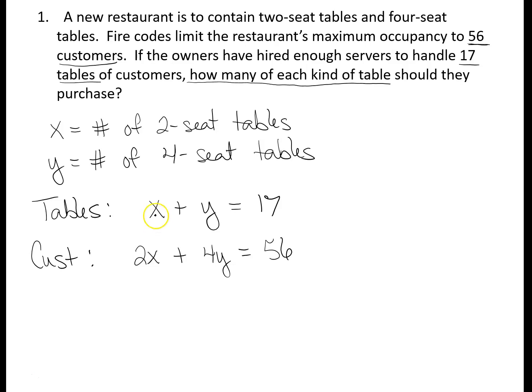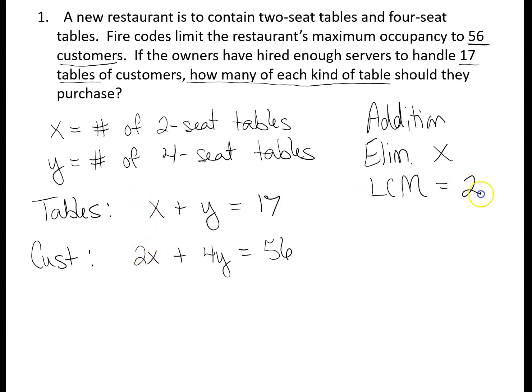So, we're going to look at our coefficients of x and y, and pick one of those to eliminate. So, I'm going to go ahead and eliminate x. So, these are the choices we're making. We're choosing to solve by addition, and we're choosing to eliminate x. And our least common multiple for x, we've got a 1 and a 2, would be 2.